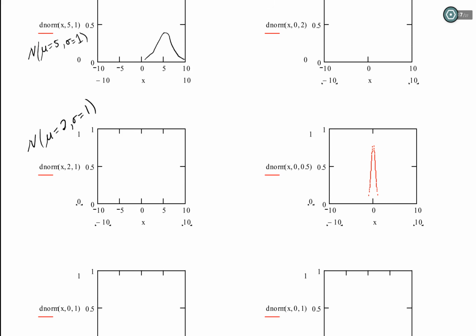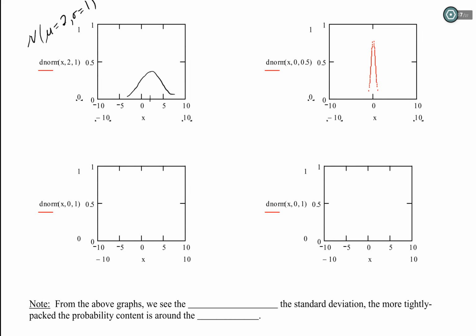Okay, so it's now centered at 2. There, that's my normal distribution. And then going down to the bottom left part of this set of graphs, I'm going to look at mu equal to 0, and the standard deviation is going to be 1 there. Okay, so I'm going to have a similar plot, except it's going to be centered at 0.